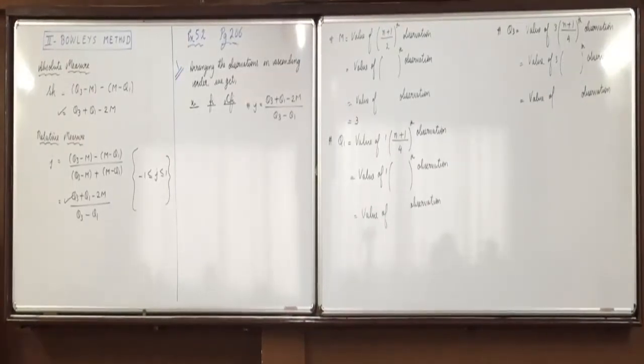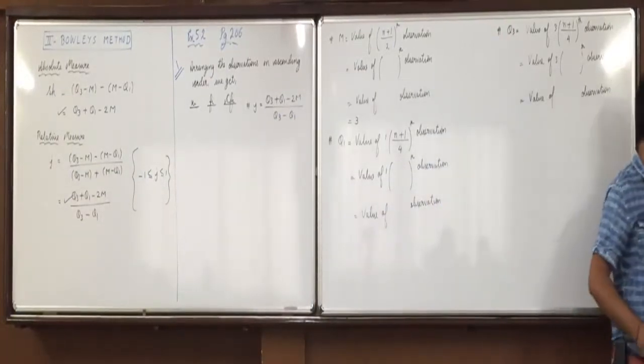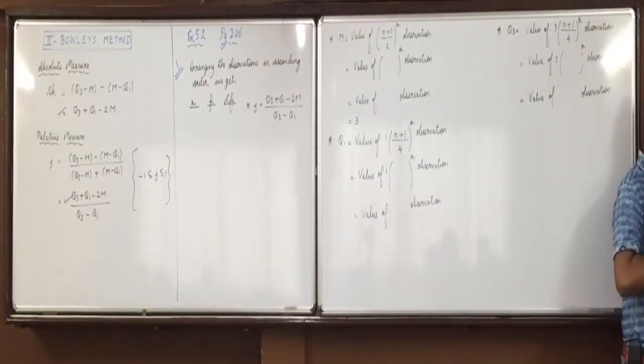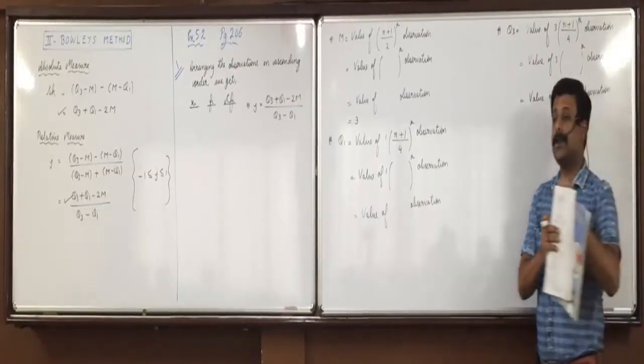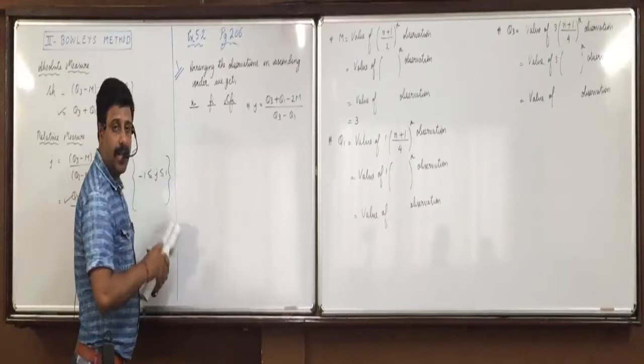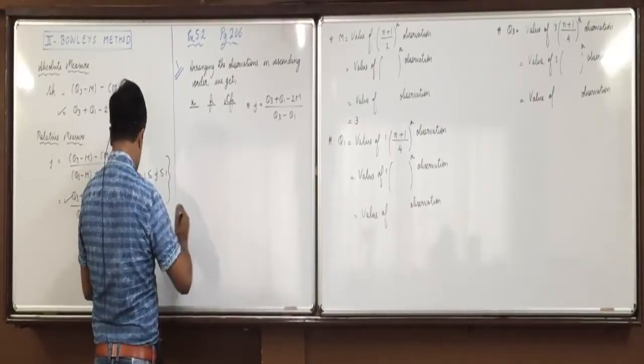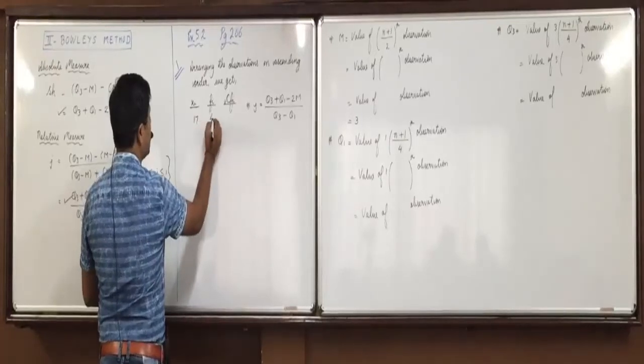Completed? Check your answers, everyone. Be attentive. Complete silence. See, first of all, when you arrange the observations in ascending order, you will get the lowest observation is 17 and its frequency is 4.